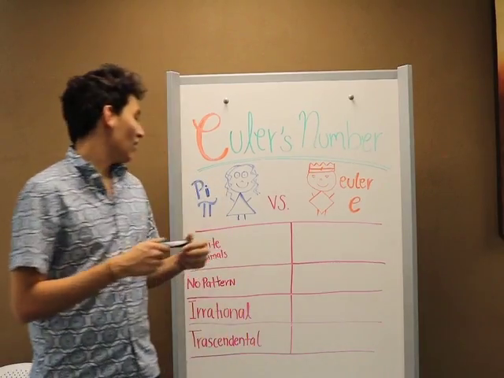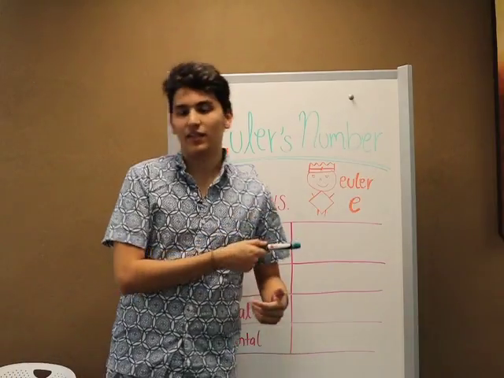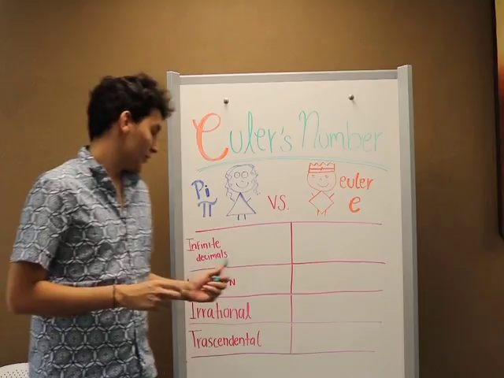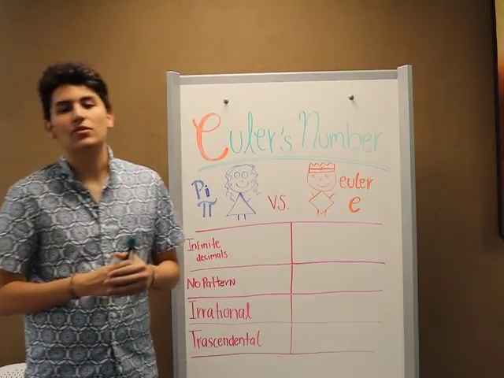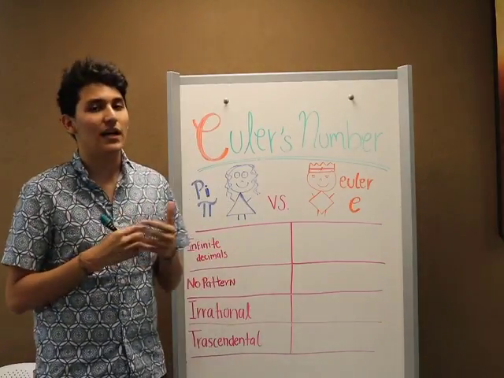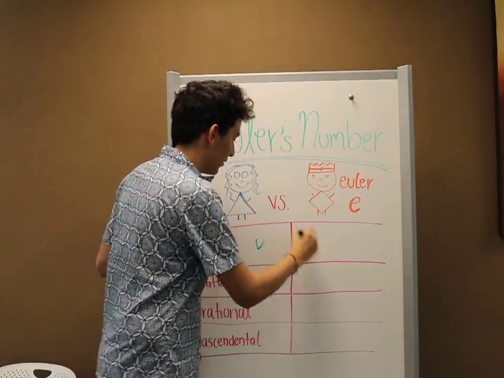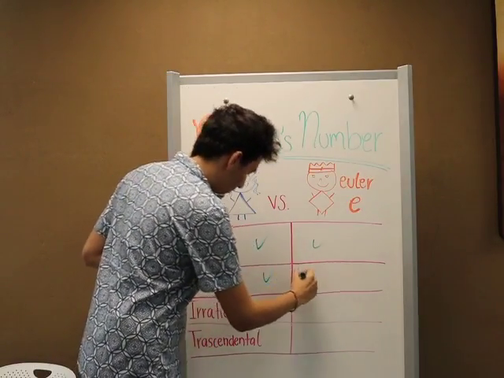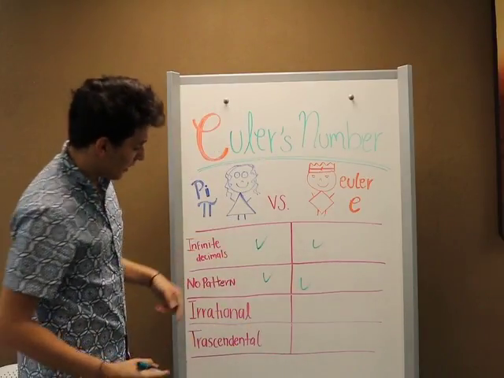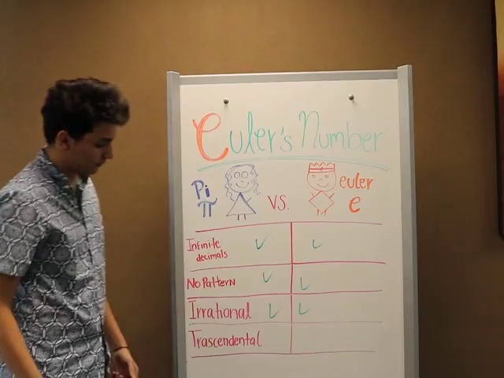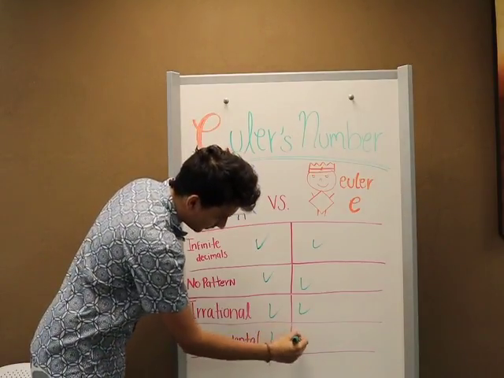Okay, now, what's the difference between pi and E? Pi has infinite decimals, but these decimals don't have a pattern, so that makes pi a unique number, as is E. Also, both of them are irrational numbers, and transcendental.